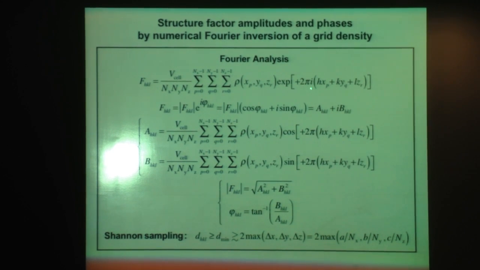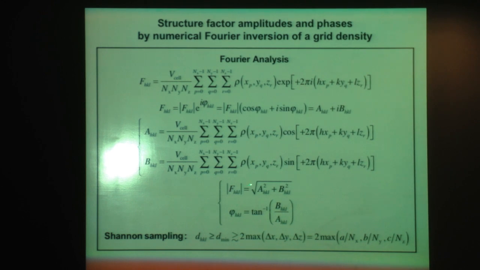Here we have exponential 2 pi i phi, which is cosine phi plus i sine phi. Okay, so we have a cosine sum, which gives us the A parts of the complex value for the structure factor F, and then we have a sine sum, trigonometric sine, that gives us the B parts.